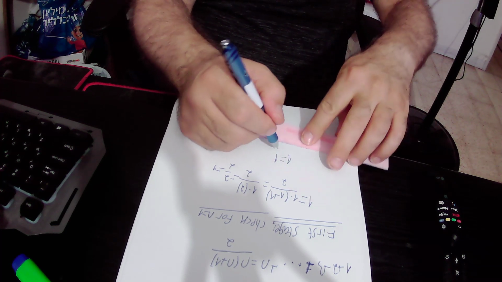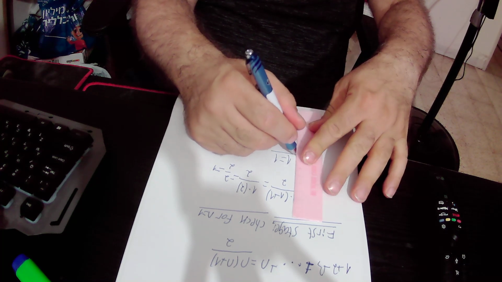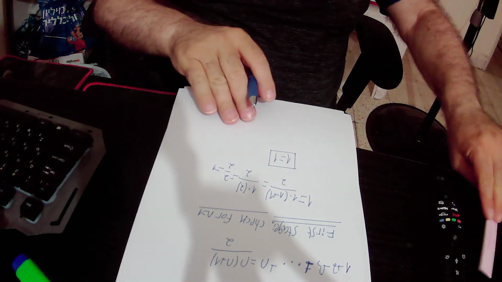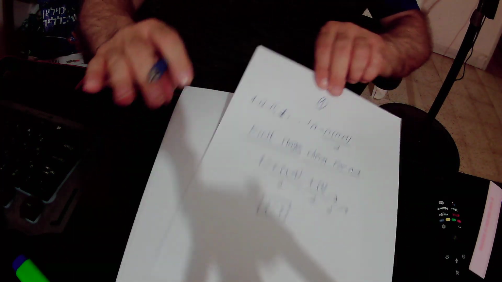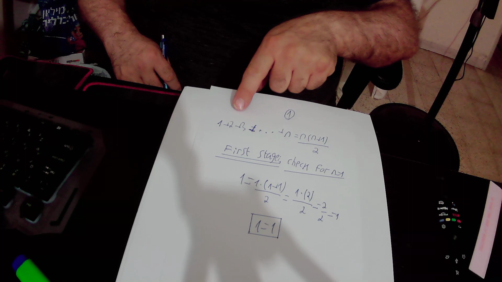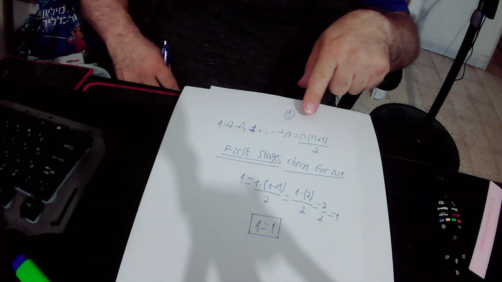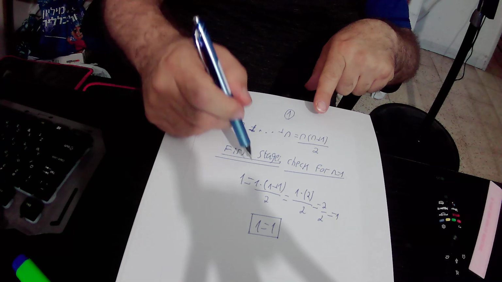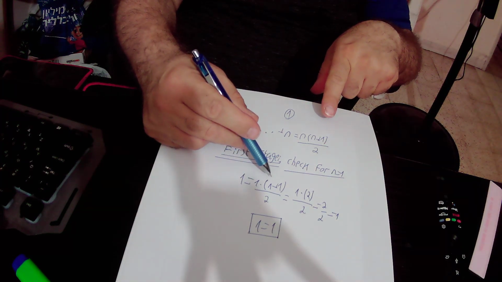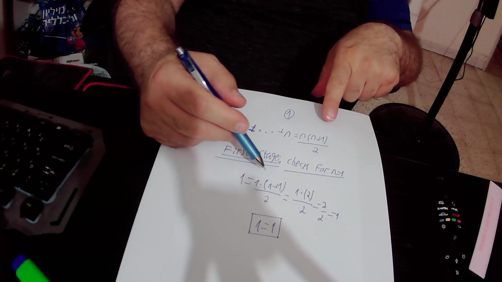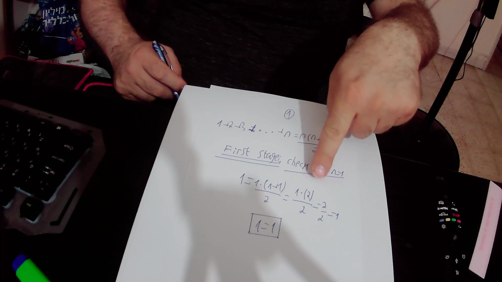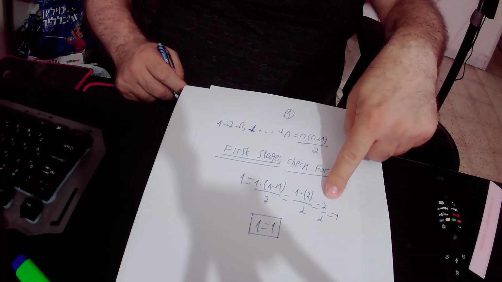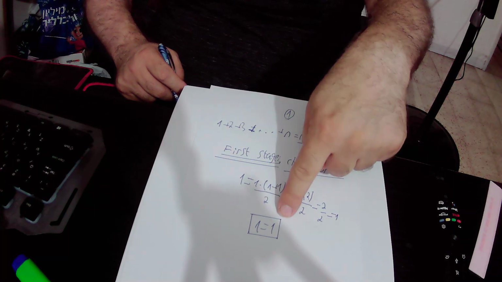So we actually passed the first test. We verified that the statement is true for 1 because on this side of the equation we have 1, and on the other side of the equation we have n times n plus 1 divided by 2, and n equals 1, so it is 1 times 1 plus 1 divided by 2, and 1 times 1 plus 1 is 1 times 2 divided by 2, and 1 times 2 is 2. 2 divided by 2 is 1, so 1 equals 1.